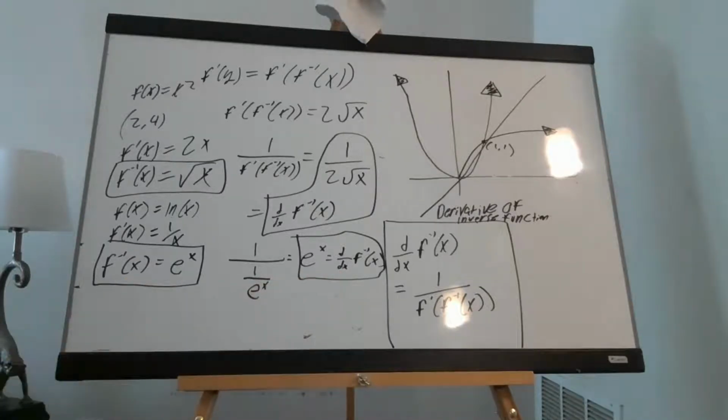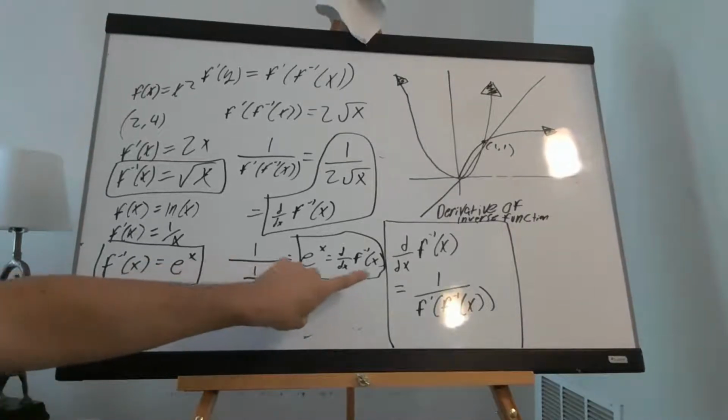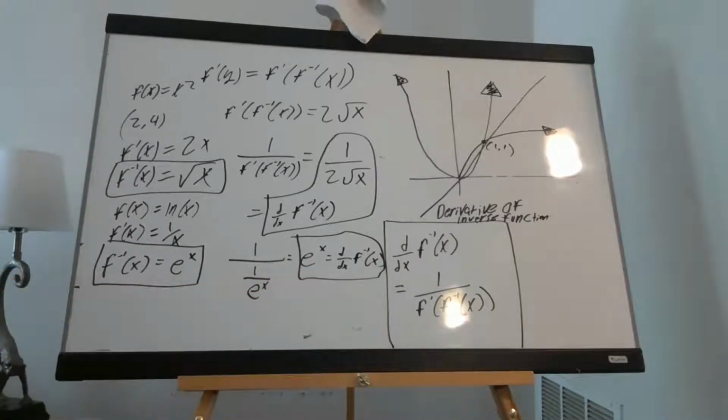So when you're using logarithmic differentiation, it's taking advantage of the fact that the derivative of the inverse of the function is equal to the inverse of the function. So what that allows us to do is differentiate it and not really affect the problem, so to speak.